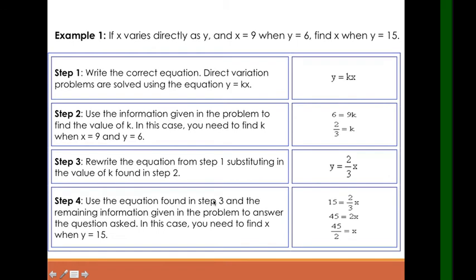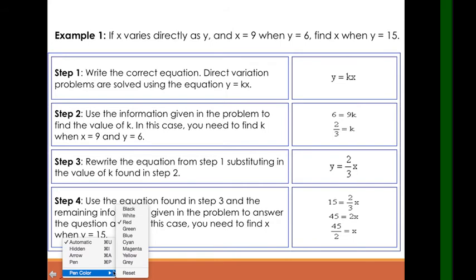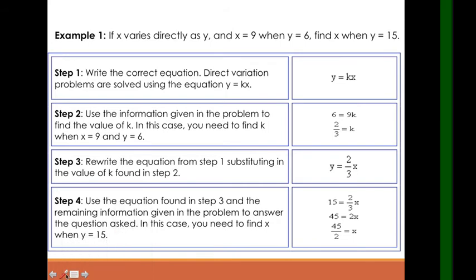Let's have an example. So, in this example, we are looking for x if x varies directly as y. So, let's have this pen, color blue. Okay. So, x varies directly as y.